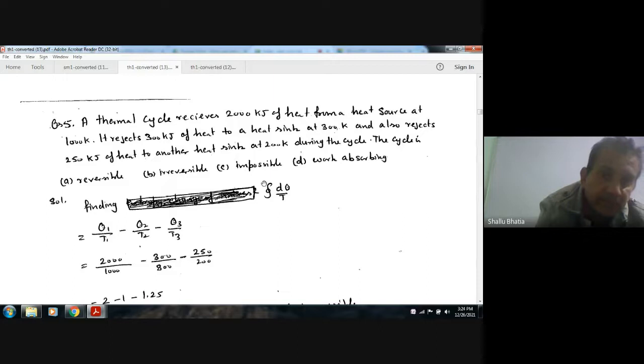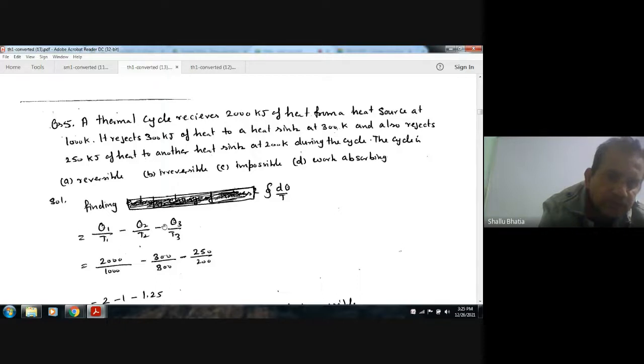For the cycle to be reversible, the cyclic integral of dQ by T should be zero. So now we find out the cyclic dQ by T. Here the heat is taken from the source, that is 2000, and it is rejecting the heat at two sinks. The heat rejection is 300 and 250 at 300 and 200 Kelvin, and heat addition is 2000 at 1000 Kelvin.